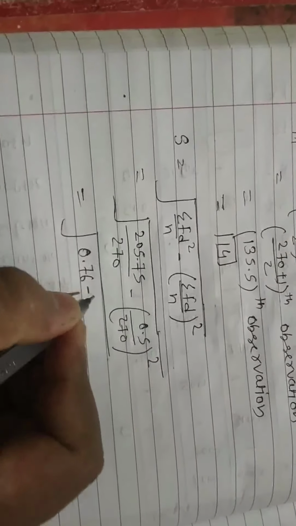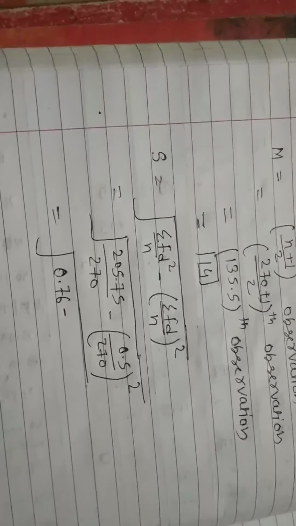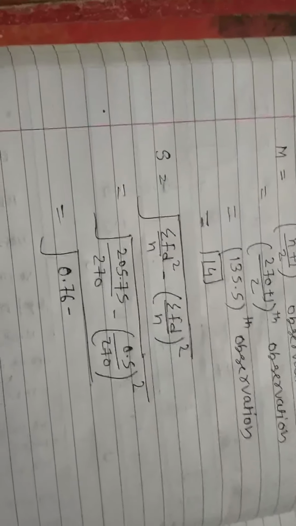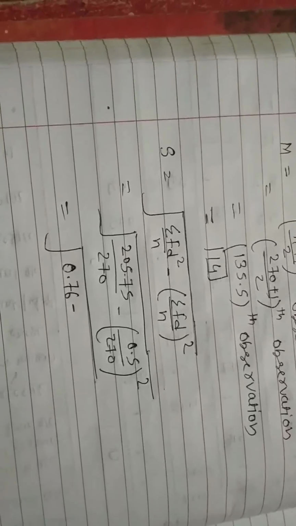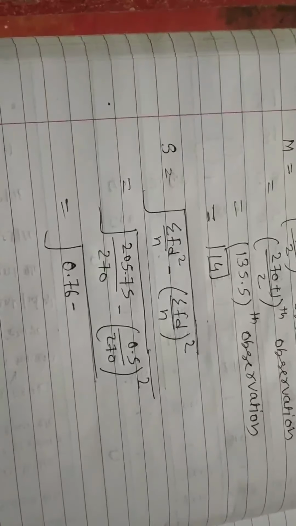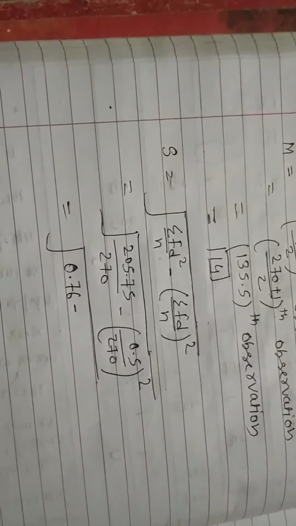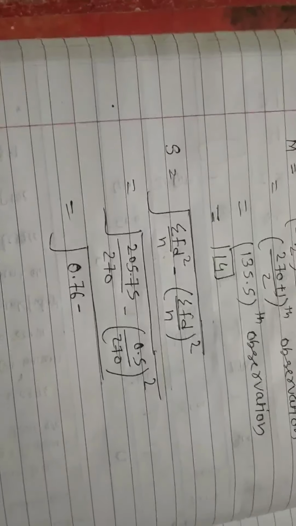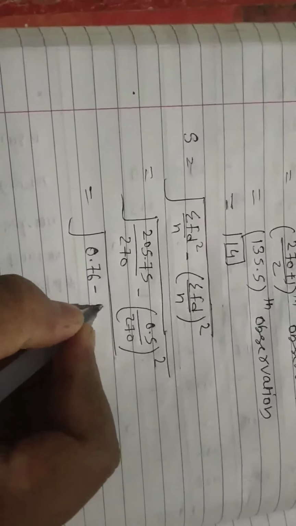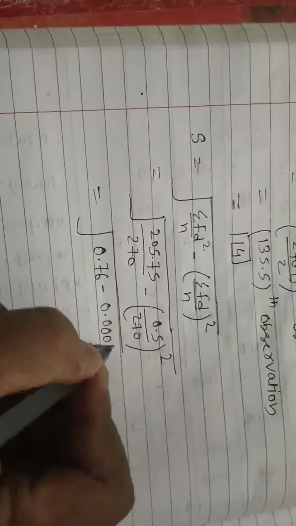Minus 0.5 divided by 270 is 0.01. 0.01 into 0.01 is 0.0001.